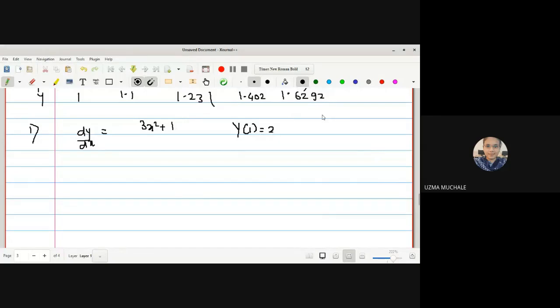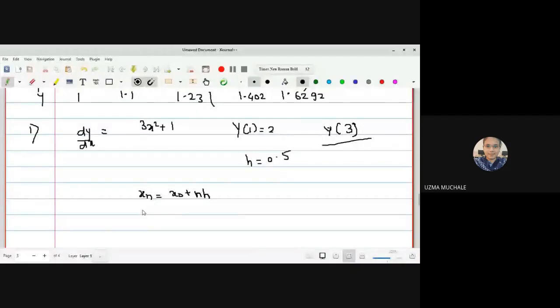Here the question is: estimate the value of y of 3, by considering h equal to 0.5. Written the example? Yes, ma'am.